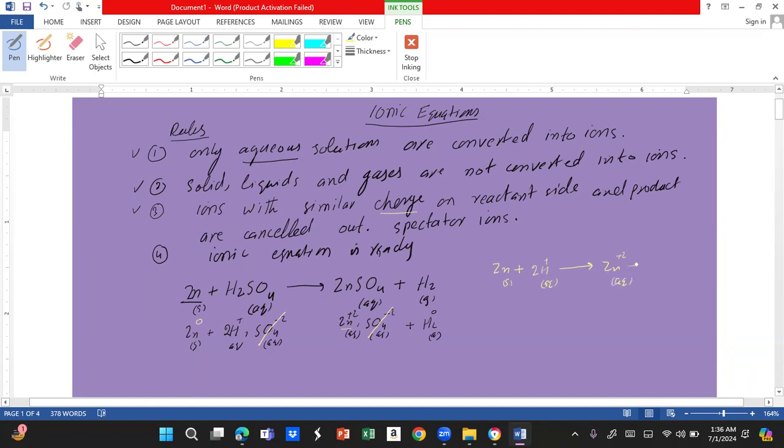State symbols are very important. Then H2 is left. So boys and girls, please keep in mind, this is an ionic equation. So whenever you do a displacement reaction, the equation will be like this, especially metals reacting with acids.